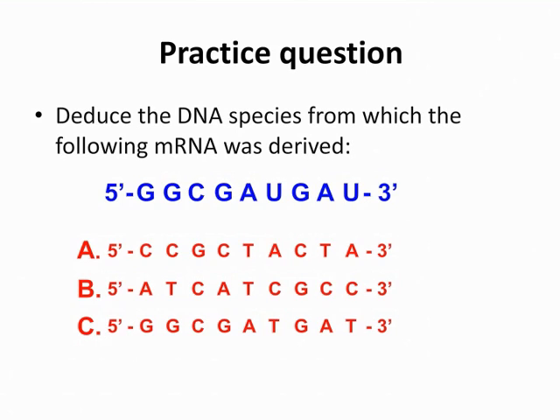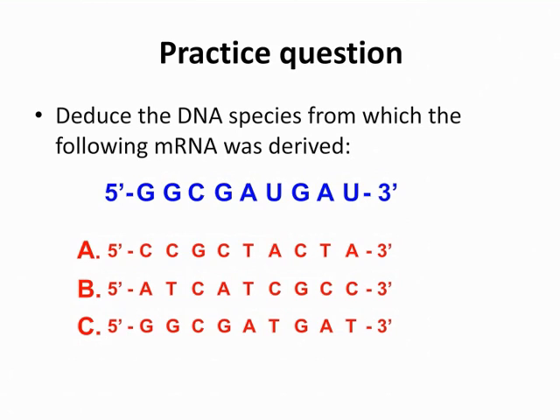So we know that the template strand is complementary to the mRNA strand. So the easiest way to figure out problems like this is to just write down that mRNA strand, so that's the one in blue. Right above it, write from 3' to 5' since it's anti-parallel, and then write the complementary base.